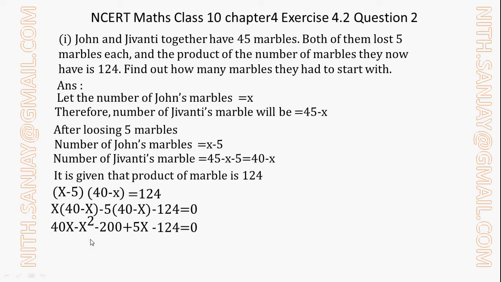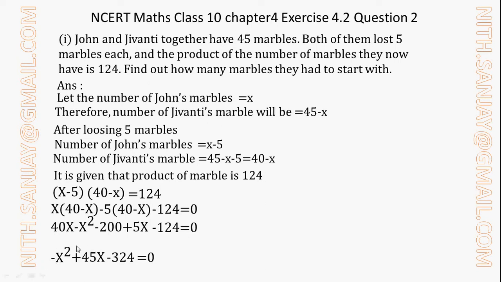Now what I will do is add the terms which have x. So first of all I'll write this minus x square here, then 40x plus 5x is equal to 45x, and minus 200 and minus 124 is minus 324, and this is equal to 0.